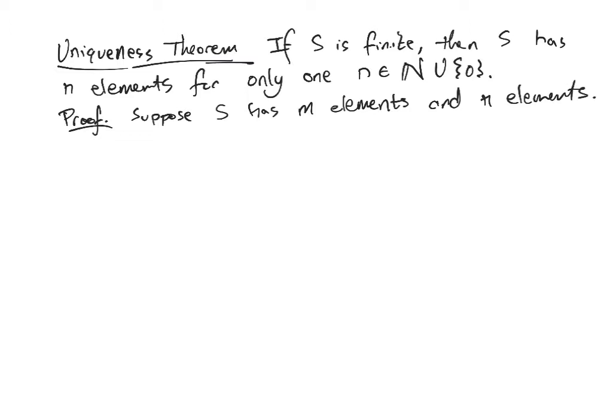Now I want to make a general mathematical point here. This might sound like a proof by contradiction to you, but you do not need to write it as a proof by contradiction. What I'm going to do is, at the end of the proof, conclude that those two numbers are the same, and therefore it can only have that number of elements.